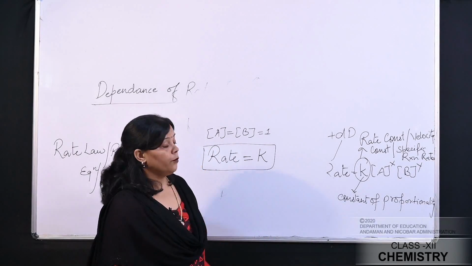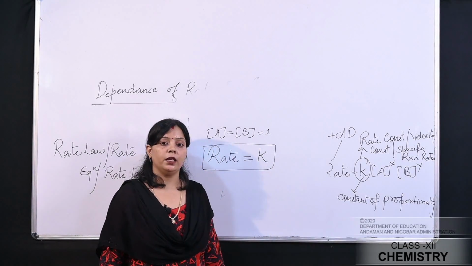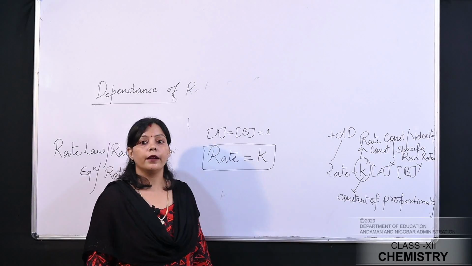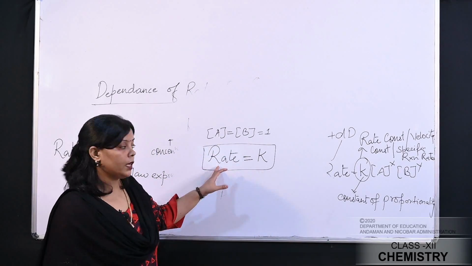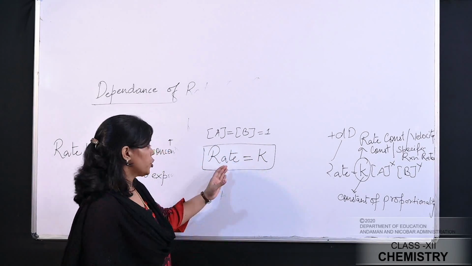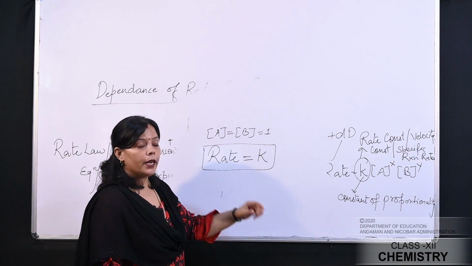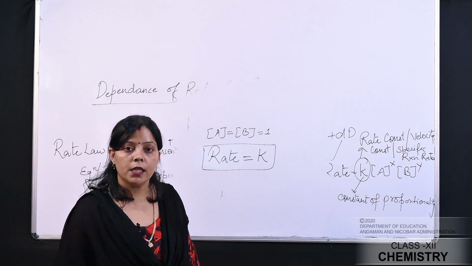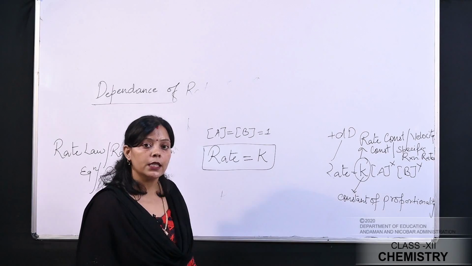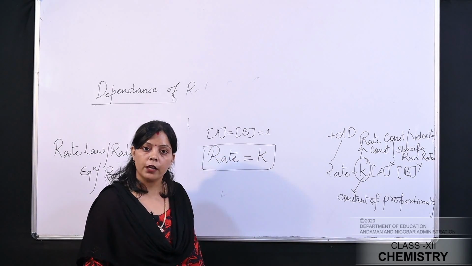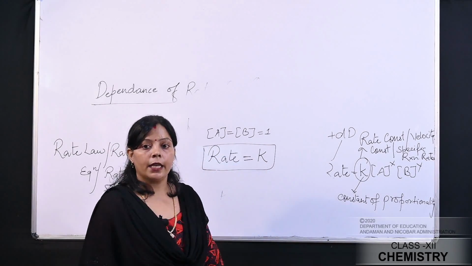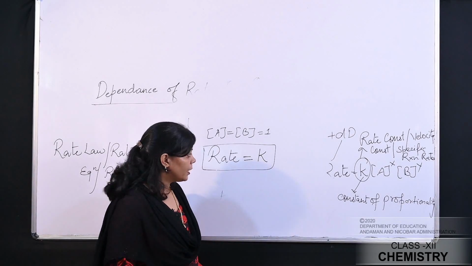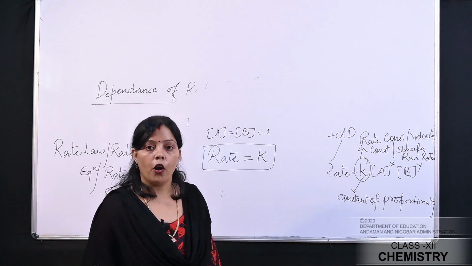After that, what is the basic difference between the rate of the reaction and the rate constant? This is the rate of the reaction and this is the rate constant. In short, we can differentiate them. The rate of the reaction is defined as the change in the concentration of the reactant or the change in the concentration of the product at a given interval of time. What is K? K is the constant of proportionality given in the rate law expression.